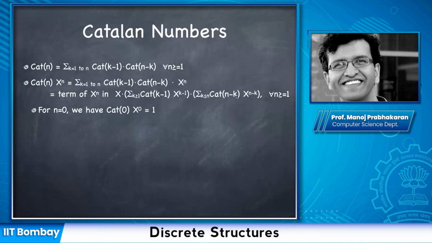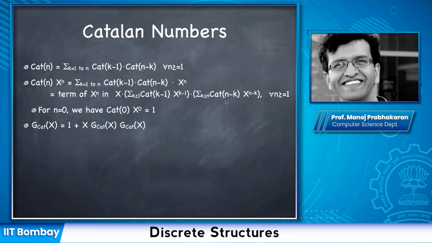And what is this? Well, each of these is actually the same as the generating function for Catalan numbers, right? So here the range is such that this goes from Catalan 0 x to the power 0 all the way to infinity, and here also it's the same thing.